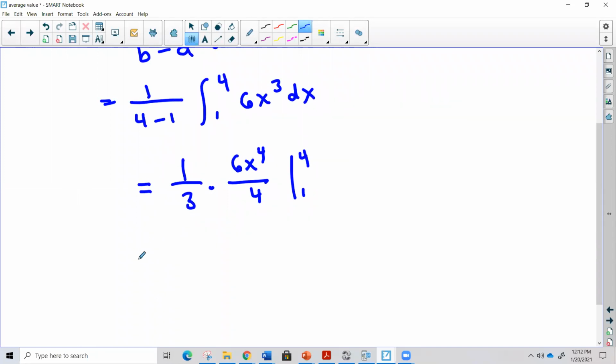If I simplify this, you can either multiply it all out first, or find the integral and then multiply by 1/3. It doesn't matter. If I follow the order of operations, I would do my full integral first and then multiply by 1/3. 6 over 4 are both divisible by 2, so it's 3 over 2.